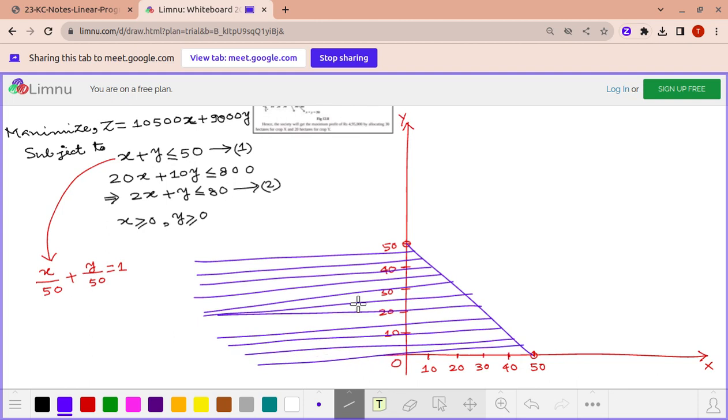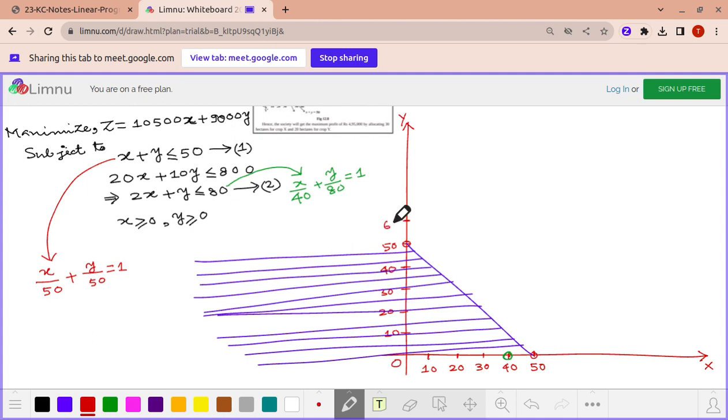Fine. Now the next one is 2x plus y less than or equal to 80. So let us concentrate on that. If we consider 2x plus y less than or equal to 80, that means x by 40 in the intercept form plus y by 80 is equal to 1. Correct. Now x by 40, this is the 1, and y by 80, so that means we need to increase the scaling also.